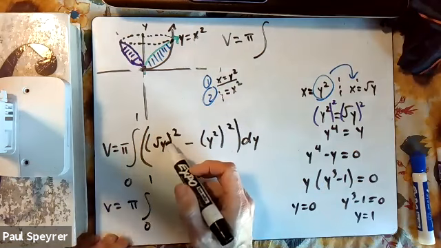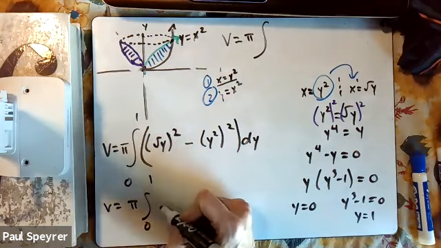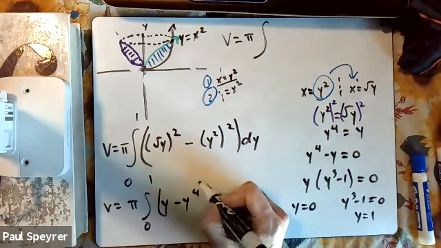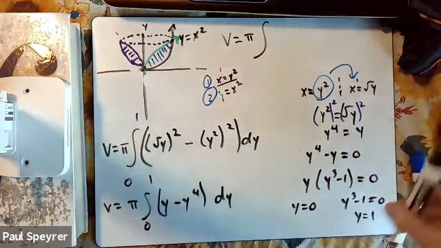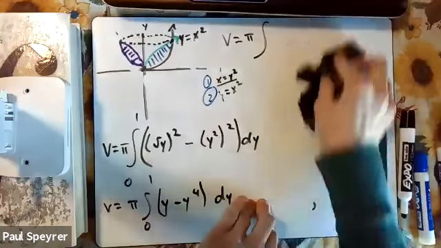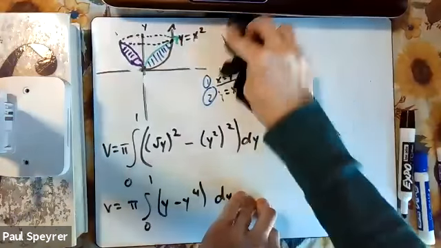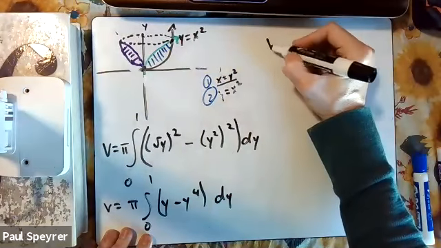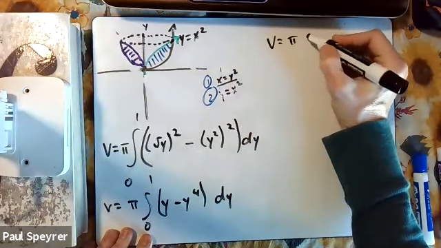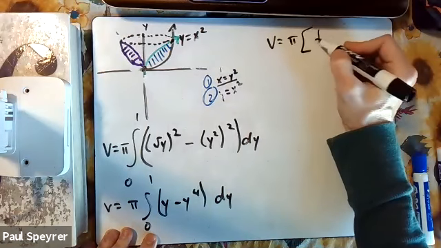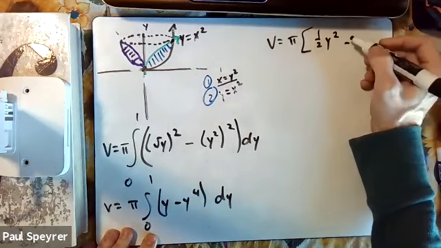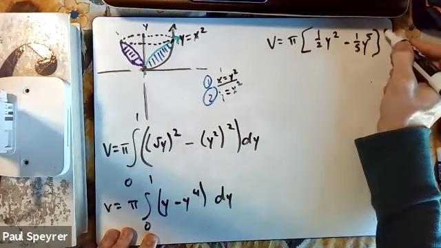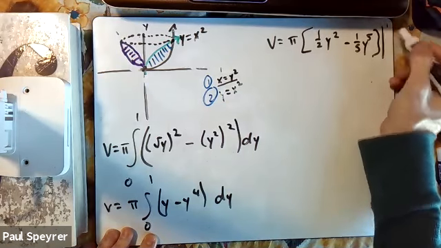Let's apply the square first. This is just square root of y squared is y, and then minus y to the fourth dy. And then now when we take the antiderivative, we have a half y squared minus 1/5 y to the fifth, evaluated from 1 to 0.